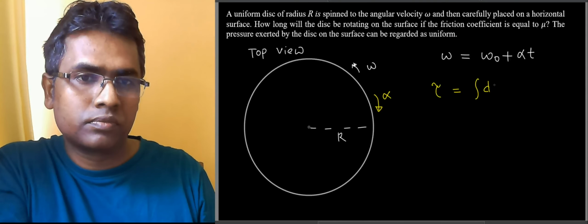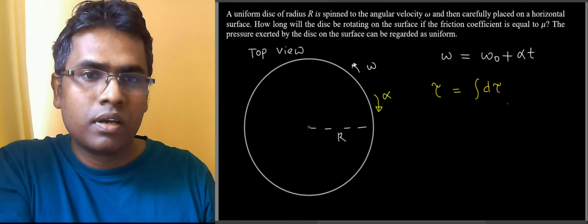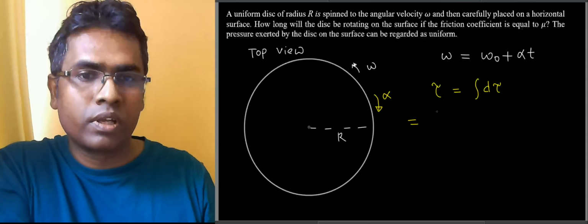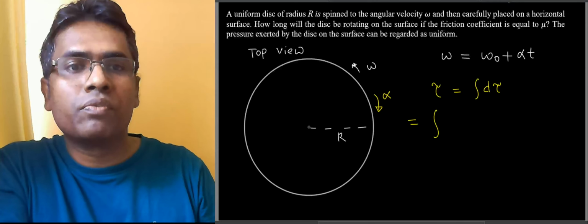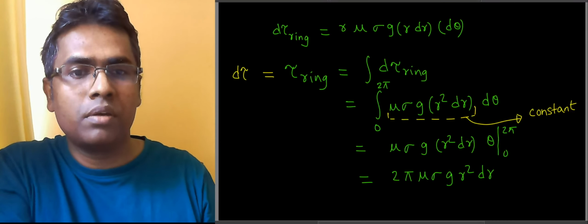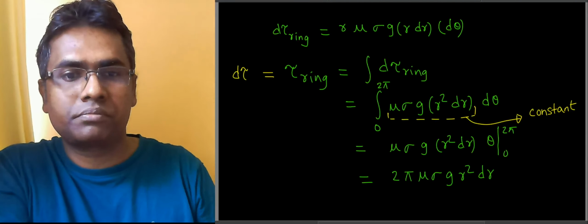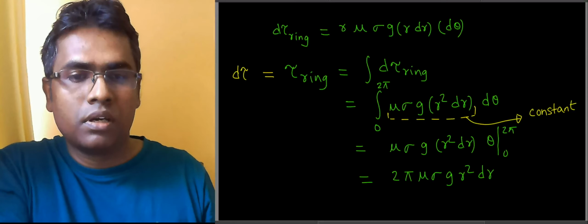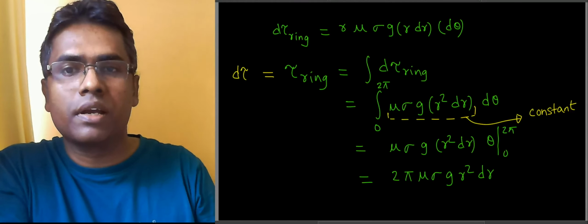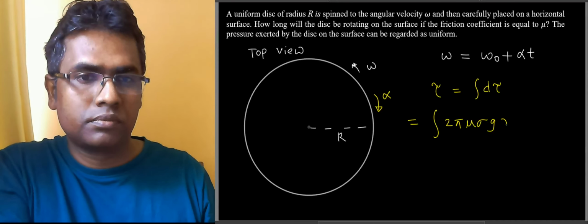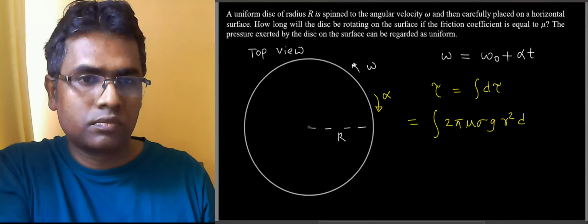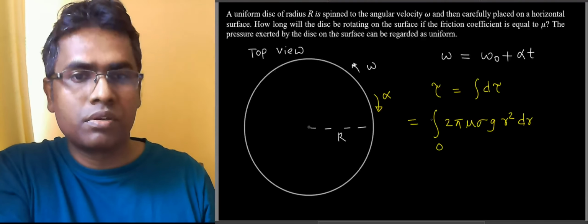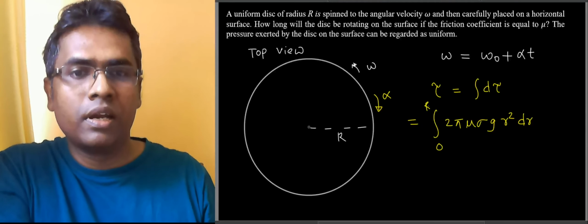So we have 2 pi mu sigma g, and then r square dr, and then integrate from 0 to capital R. So you will get the entire torque.